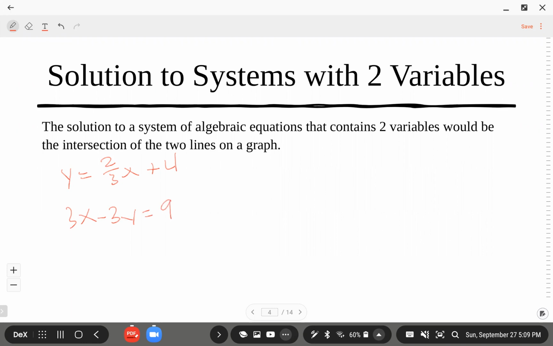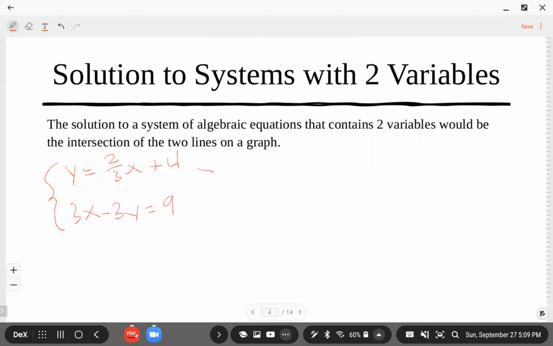Okay, this is our system. So these 2 lines can make a graph. For those who have been to my previous classes, this line is in slope-intercept form, right? And this one is in standard form, right? And we can both graph these.